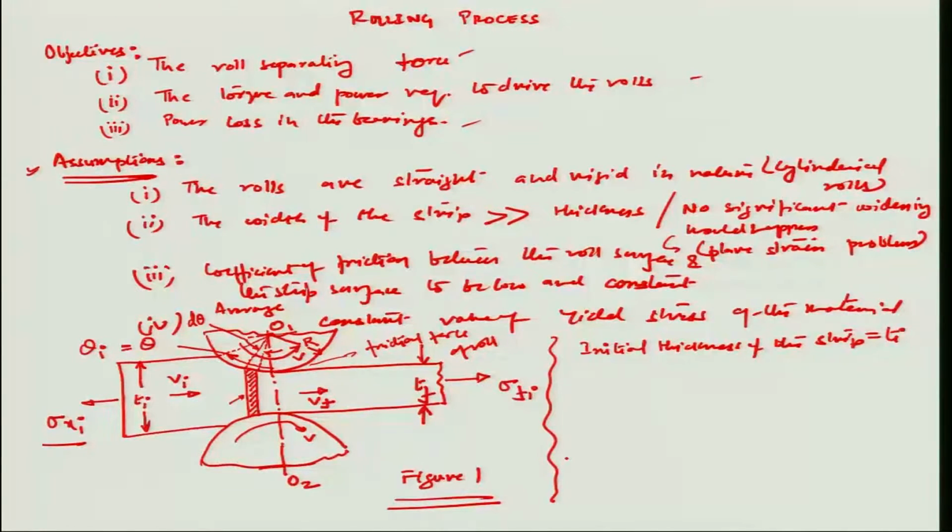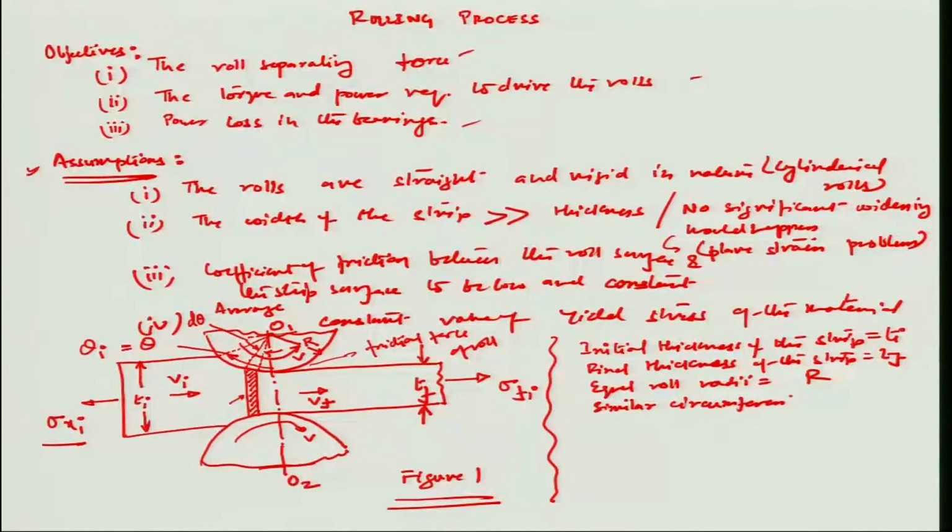The final thickness which it gets rolled into is going to be Tf. We assume equal roll radii of capital R and similar circumferential velocity equal to capital V.